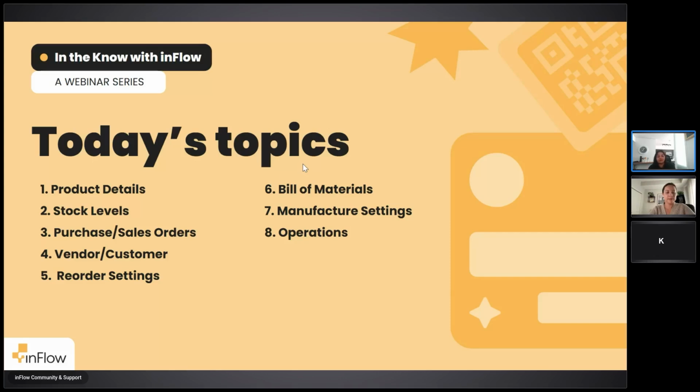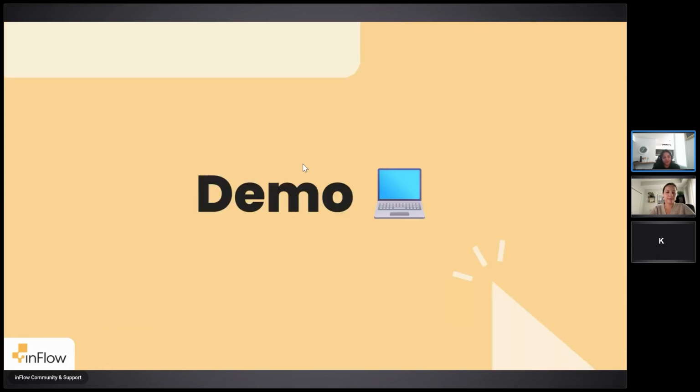Then Kat is going to take over to show you a little bit of how the manufacturing side of inFlow works with our bills of materials, manufacture settings, and operations. So we have a lot to discuss today.